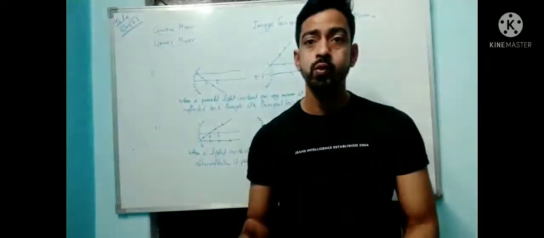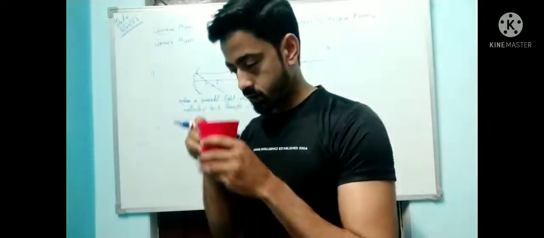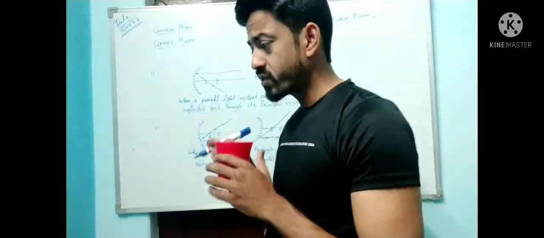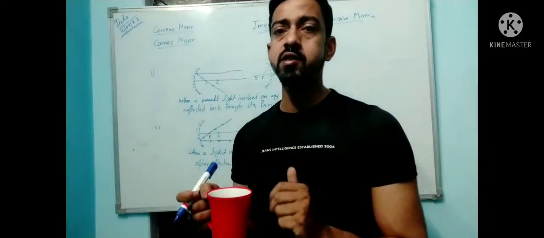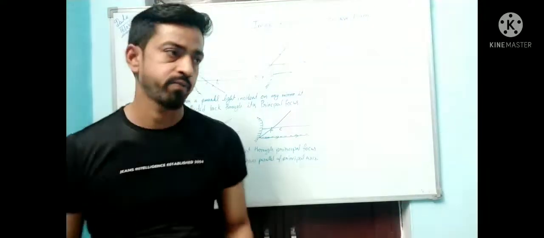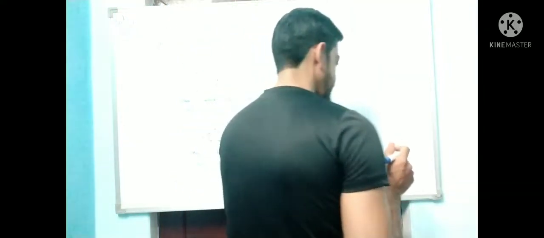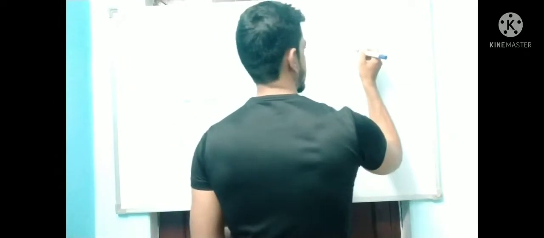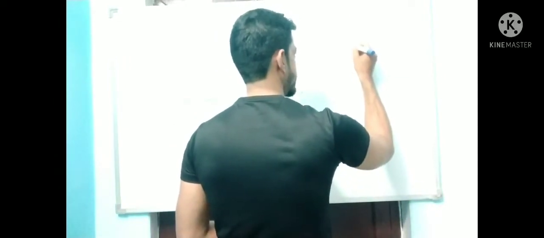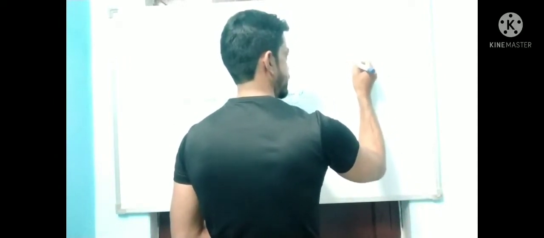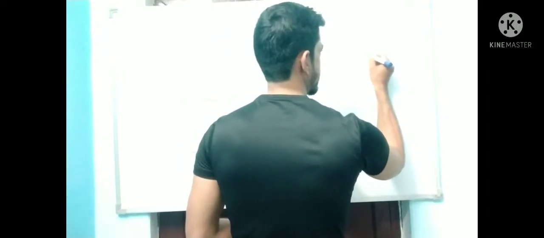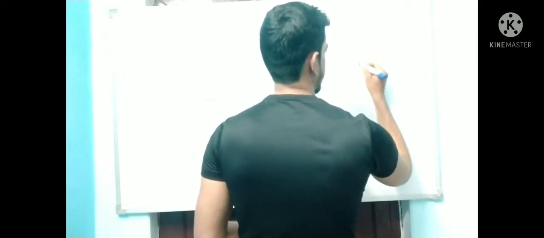Third one. What happens if the light passes through its center of curvature? Whenever the light passes through the center of curvature, it is not deviated in any way. Let's have a look first. This is your concave mirror, principal axis, center of curvature.